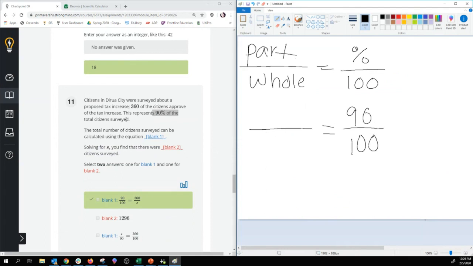So let's reread this carefully. It says that 360 citizens approve the tax increase, and this represents 90% of the total citizens. So do you guys think this 360 is the part, or do you think it's the whole?